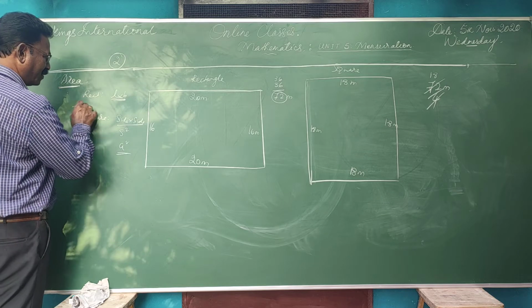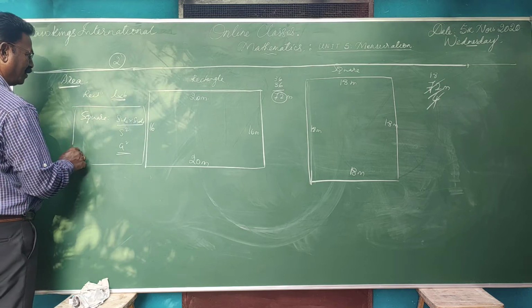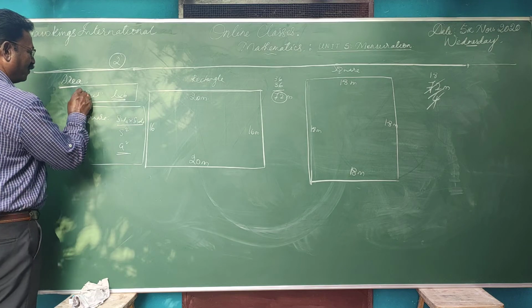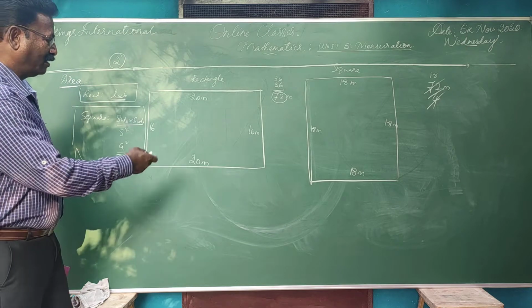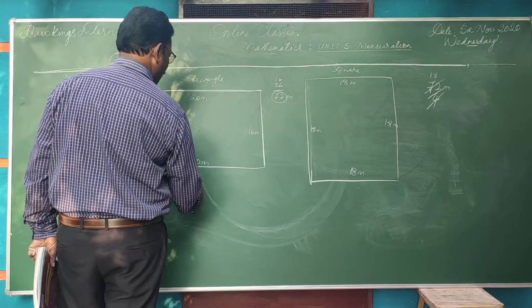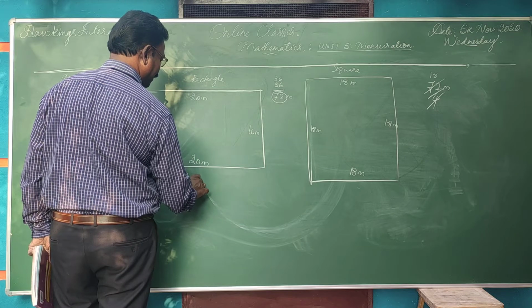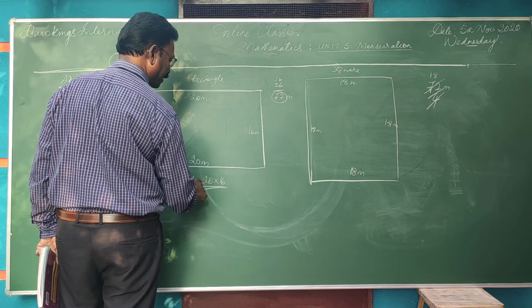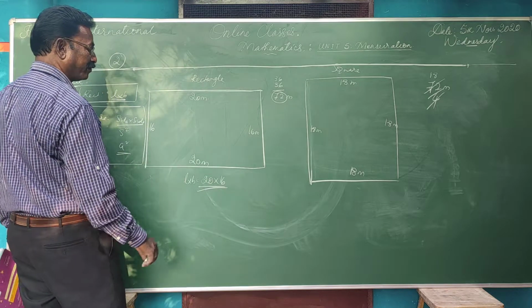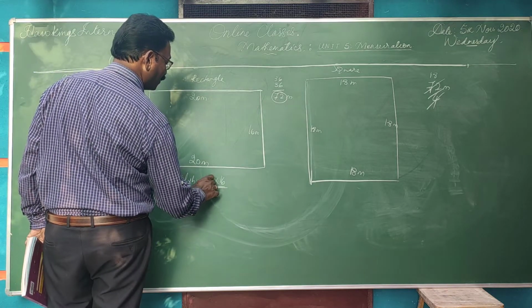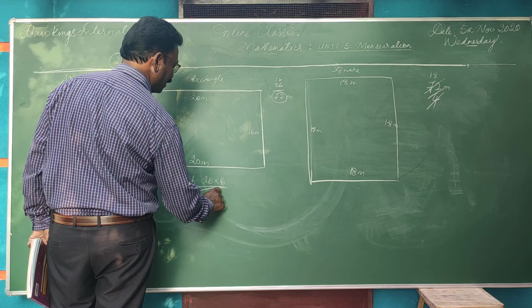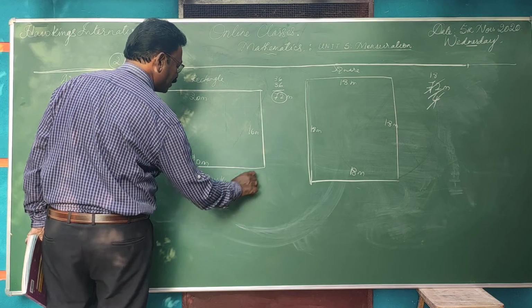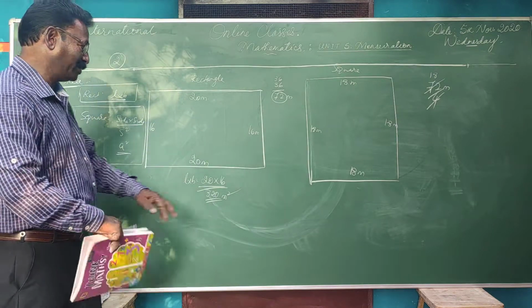For rectangle it is length into breadth. So easy. L into B is equal to 20 into 16. 2 16s are 32, 320 meters square. We have to write it here as meter square.